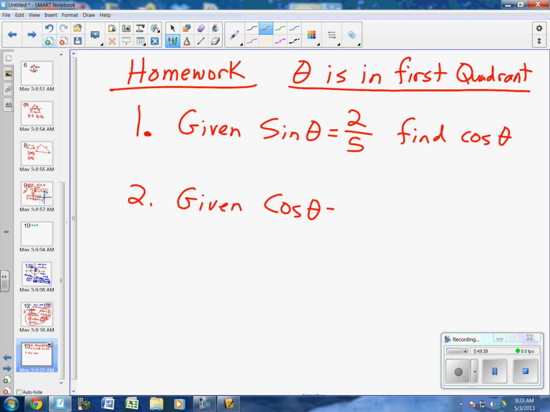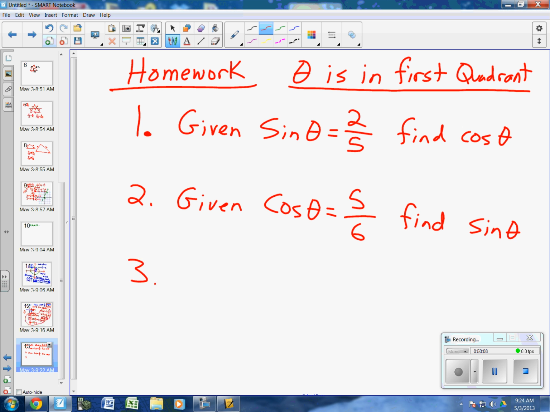cosine of theta equals 5/6, find... Oh, you know what?